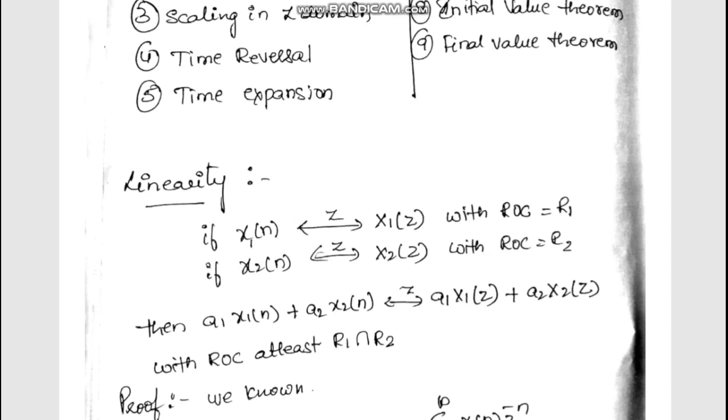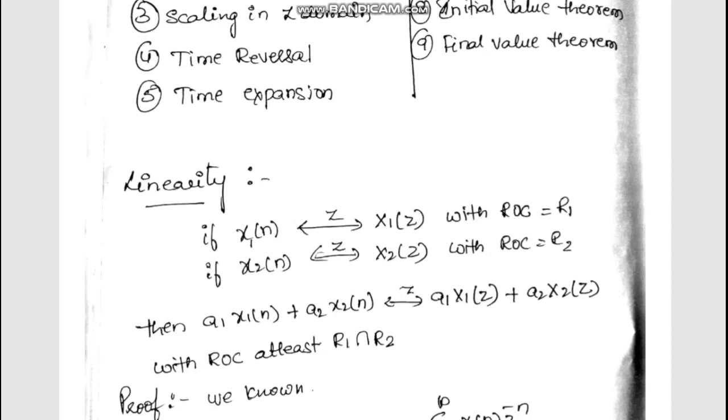Now you can see x1 of n is converted to the Z transform and we get capital X1 of z with the ROC.